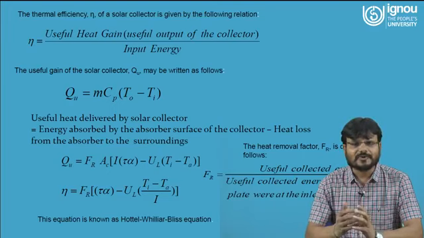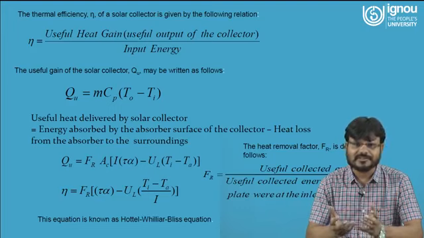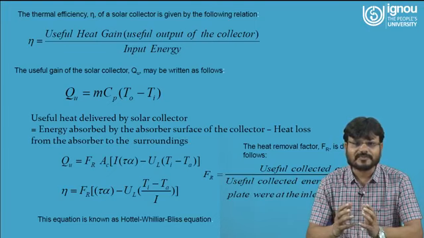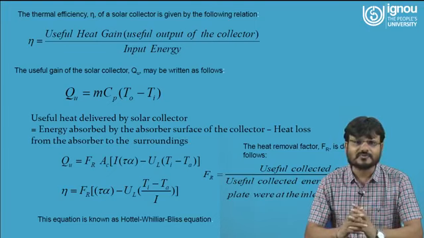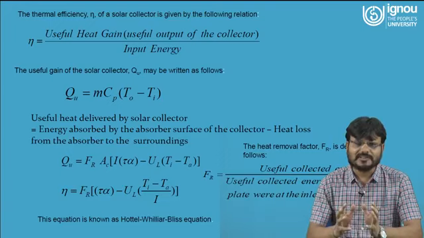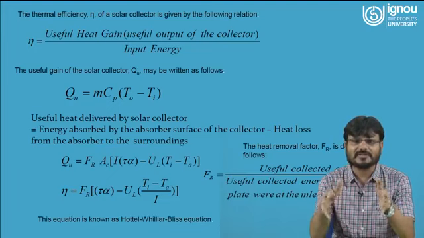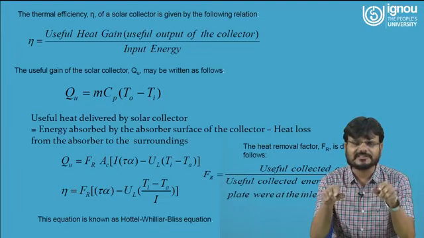Now what is the input energy? Input energy is solar energy, and you can calculate the solar energy like this: suppose the intensity of solar energy is IT, whose unit is watt per meter square, and this solar radiation will be incident on the glass cover. That means you have to consider the area of that particular cover.